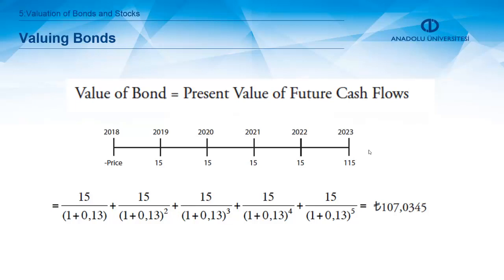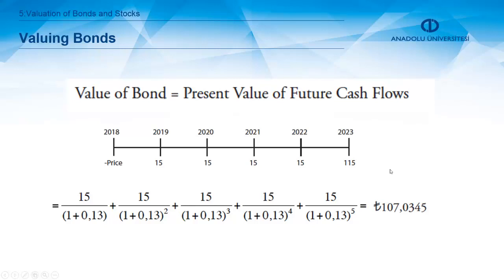So we want to use the techniques that we learned from the chapter time value of money. We talked about how we can find the present value of a future cash flow. So we find the present value as 107.